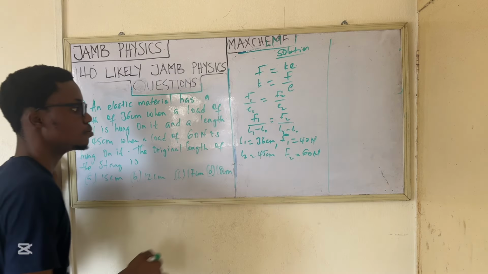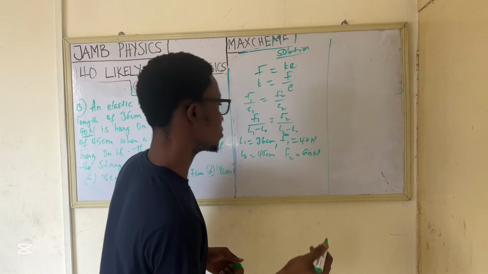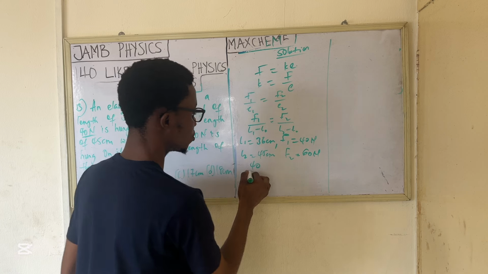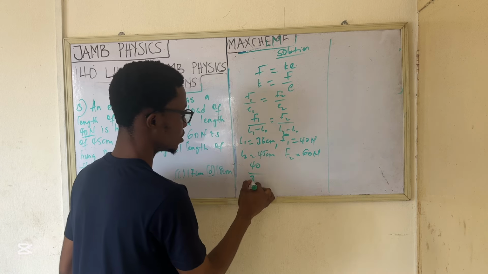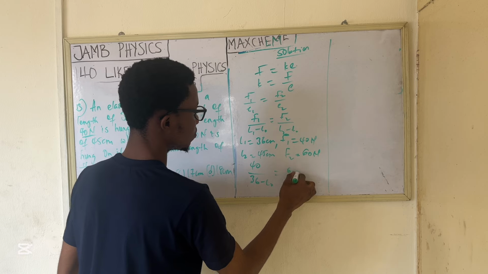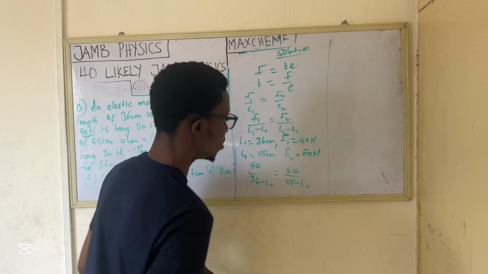So from there we are good to go. We can say F1 is 40, then we put the values into the formula. So L1 is 36 minus L0, which is the original length, and there we have 60 over 45 minus L0. Then we are good to go.